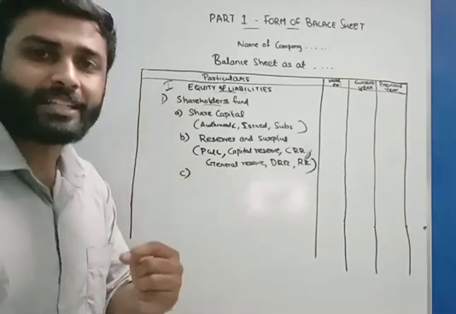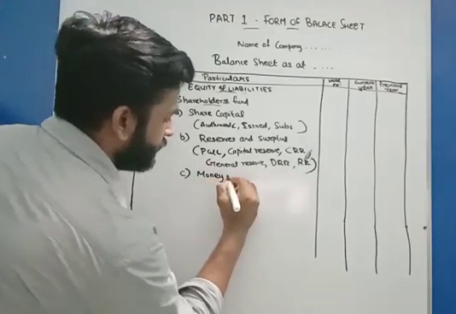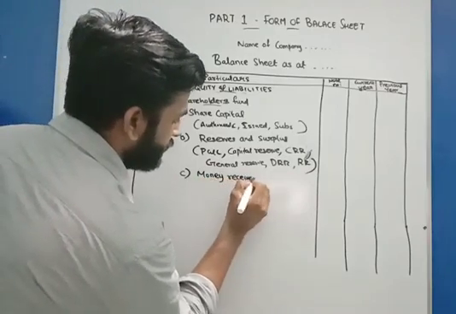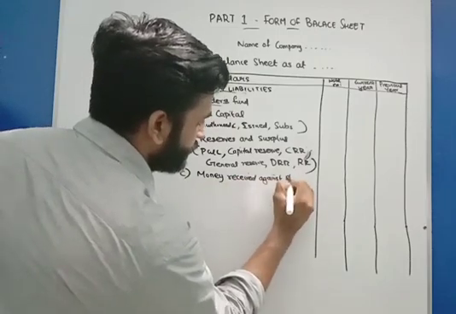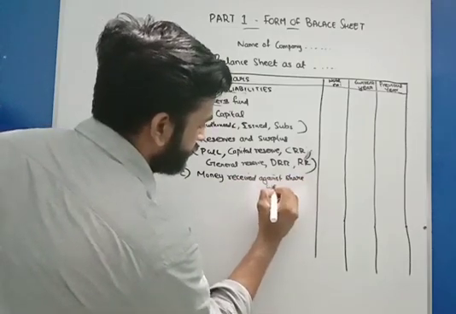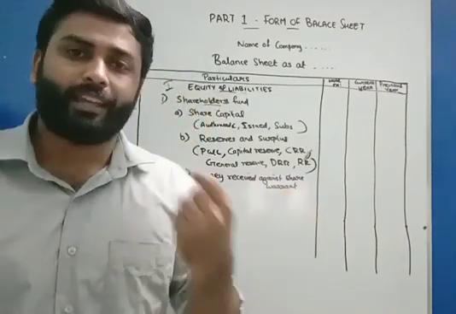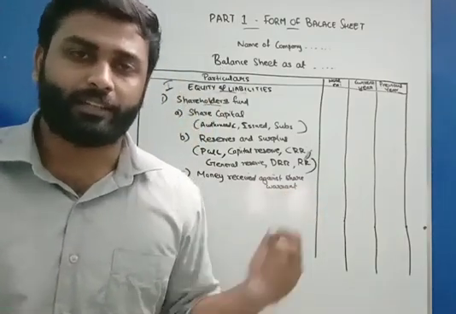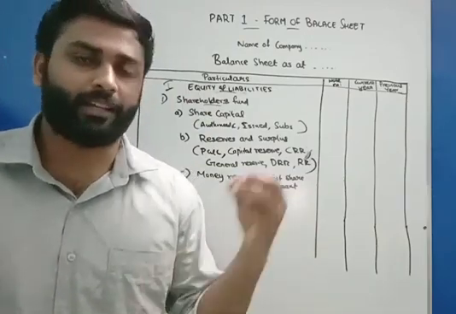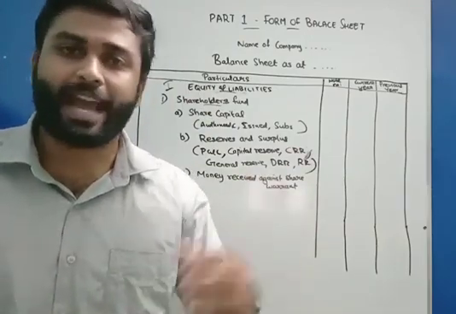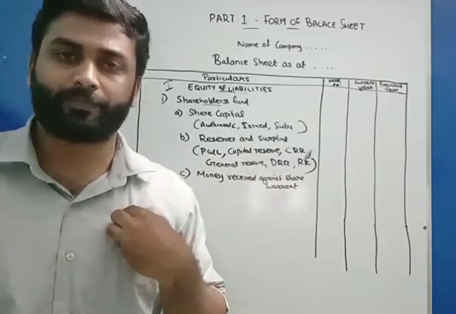Then the third one, money received against share warrant. Here the shareholders are given a guarantee, and against that guarantee the company receives some amount.